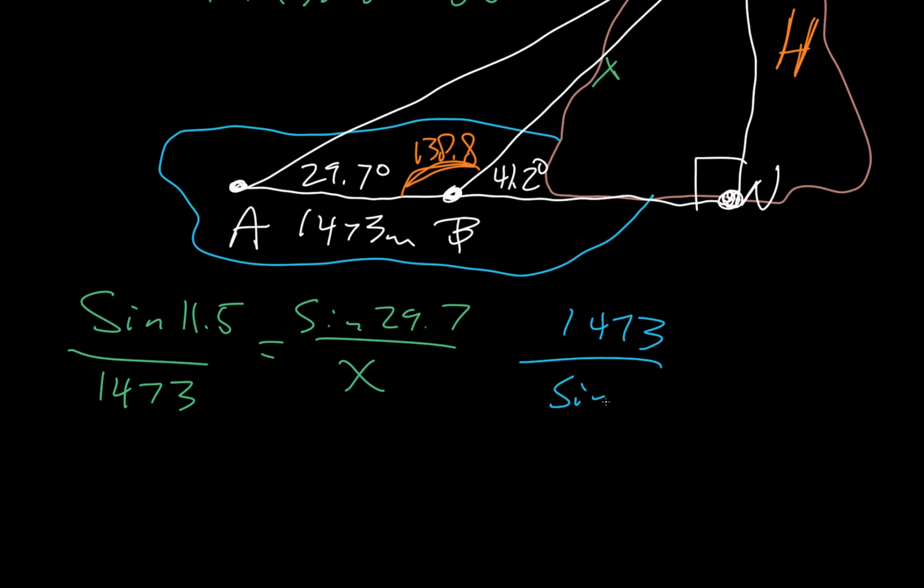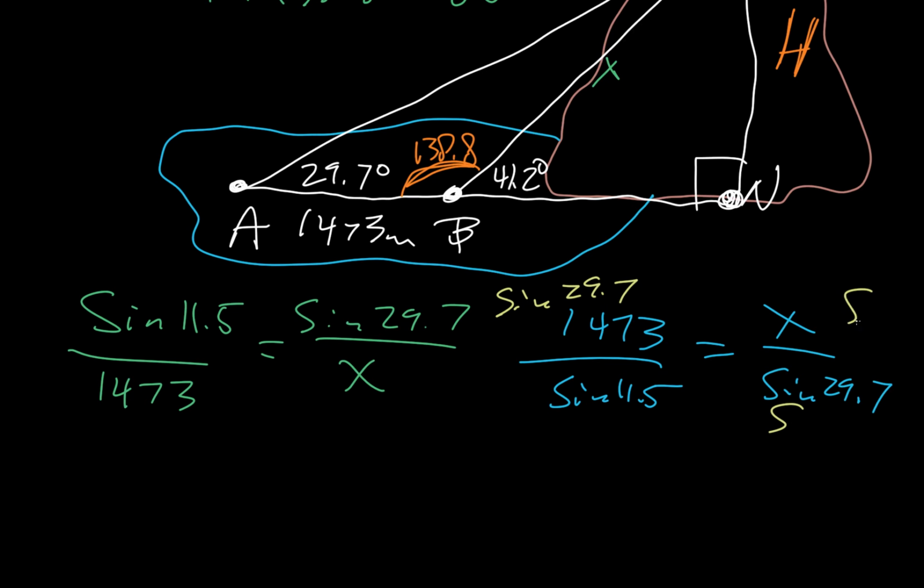So 1473 over sine of 11.5 equals x over sine of 29.7. So I just need to multiply both sides by sine 29.7. So those ones cancel. We're just left with x.